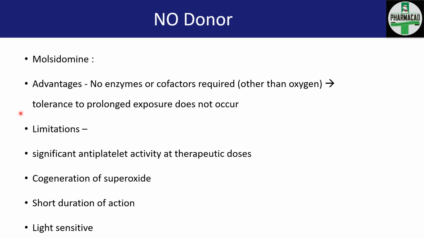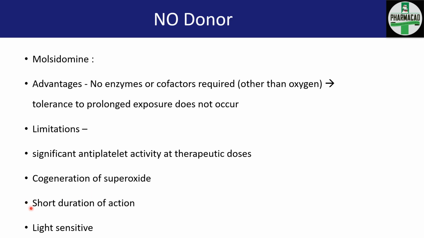There are a few limitations also. It has significant antiplatelet activity at therapeutic doses, so sometimes it might lead to an antiplatelet side effect after administration. It leads to formation of superoxide ion after release of nitric oxide from the donor, which is not good for the human body.